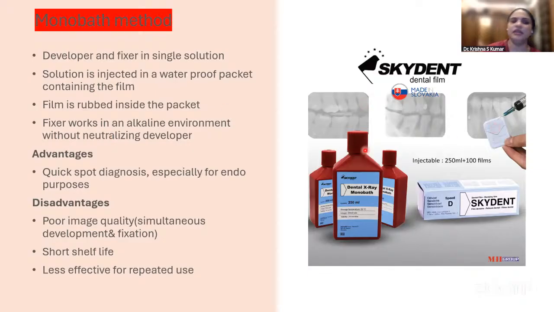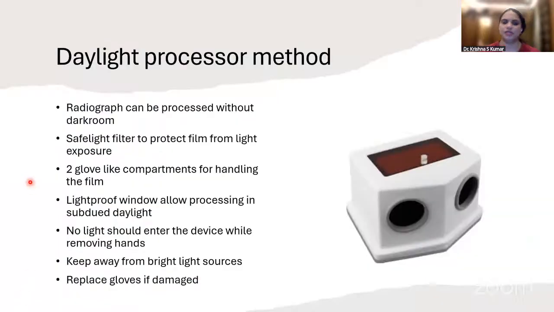But in this monobath method, the fixer continues to work in the alkaline environment which is present in the developer. The advantage is that it is very time saving. Hence, it is useful for endo purposes. But the disadvantage is poor image quality, short shelf life, and it is very less effective for repeated use.